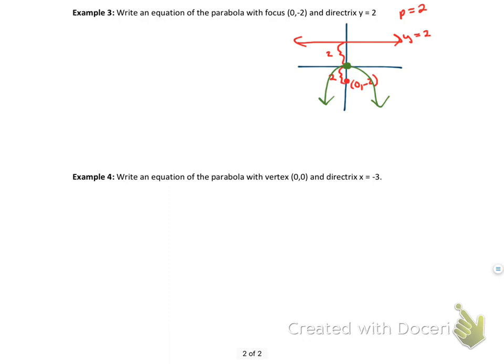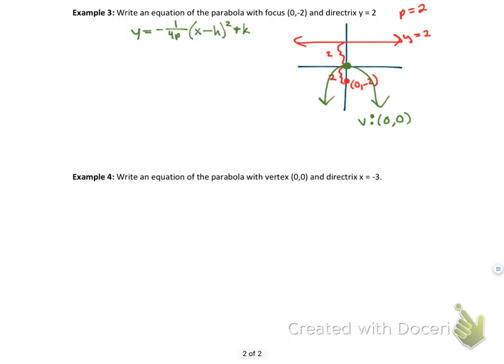So when I write the equation, first I know that my vertex is 0, 0. So that's helpful. Okay, because that's that point. I also know that it's opening down, which means it has to be y equals. It's opening down, so it has to be negative y equals. Okay, it has to be a negative number. So then we have 1 over 4p times x minus h squared plus k.